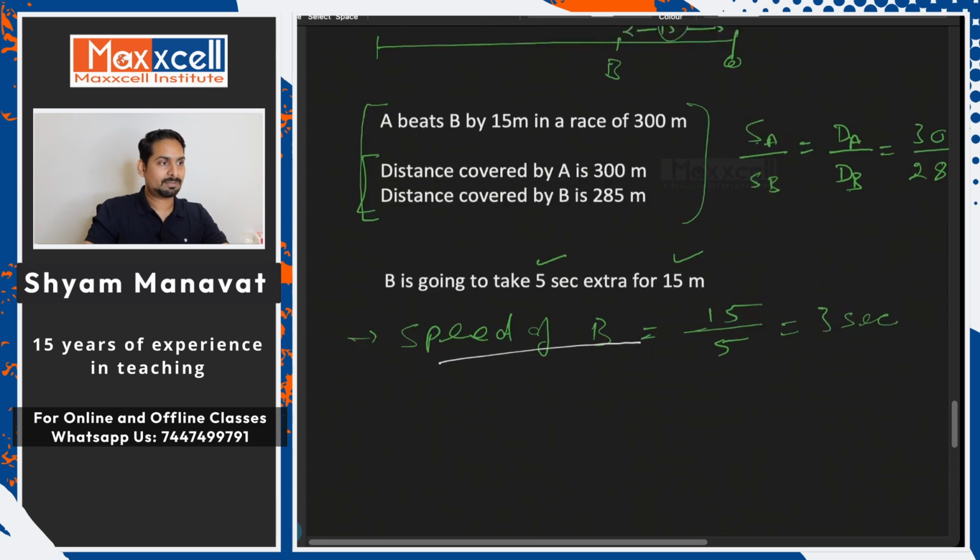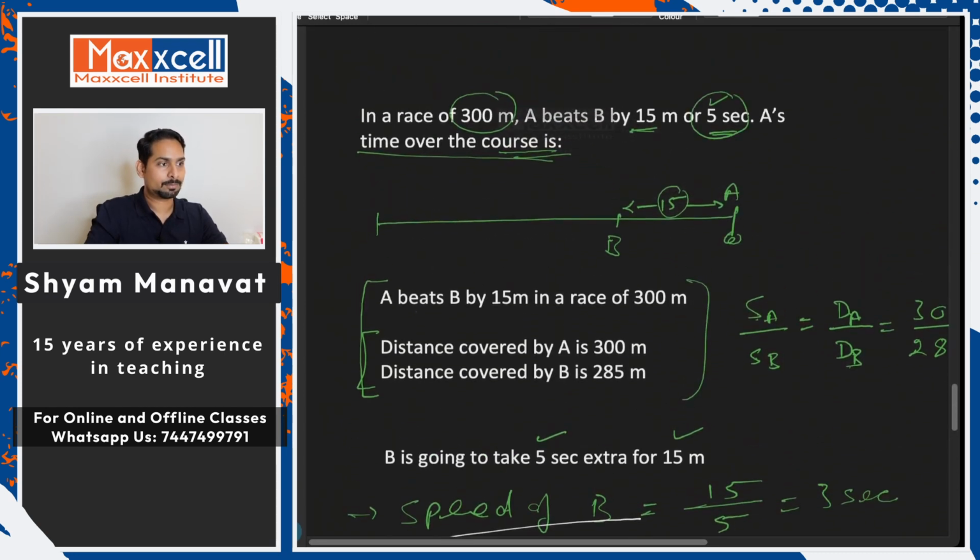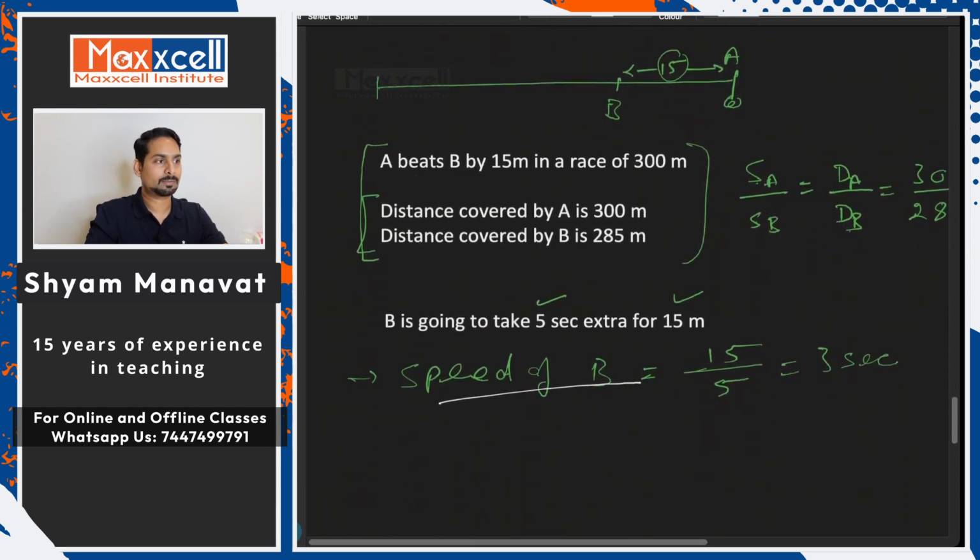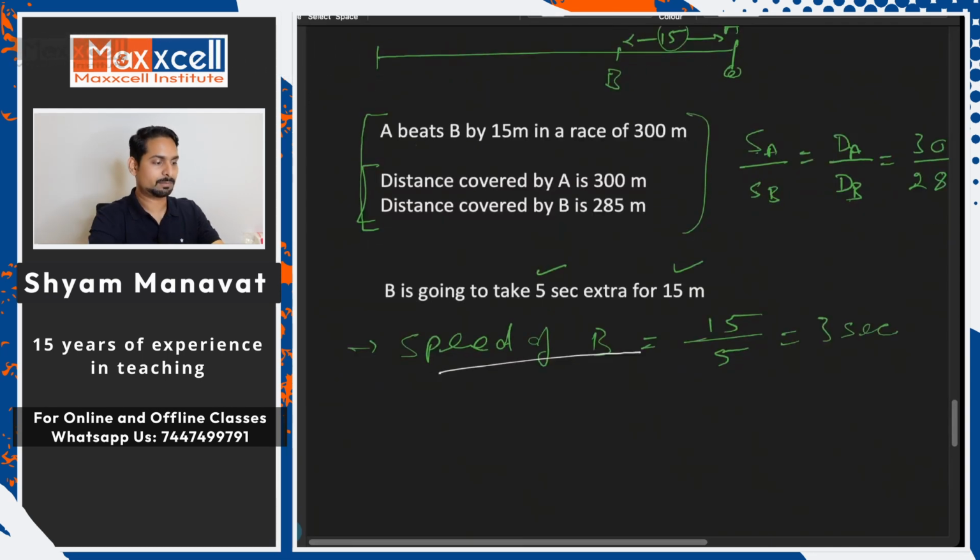By the way, if we take this from the time point of view, we only take this part of the question. Which part of the question? That A beats B by 5 seconds. Only this part of the question.